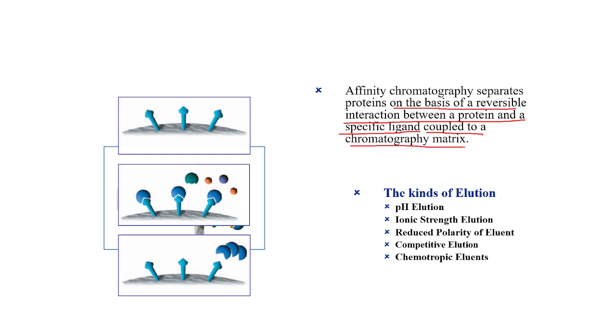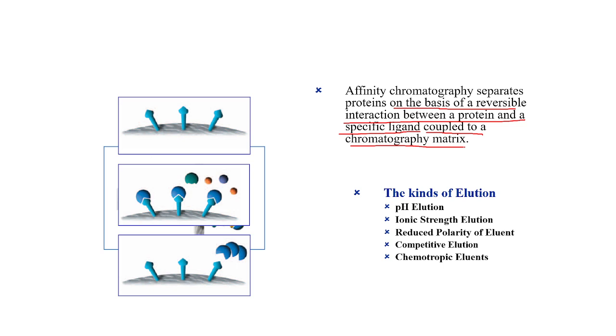So first, the chromatographic matrix is coupled with your specific ligand, and this ligand is important for your interaction with the protein. Now if it is a very tight binding, then you cannot use such a ligand, because then you can never elute your protein. If your protein has a very high affinity with such a ligand, that type of ligand cannot be said to be a good ligand, because then you cannot elute your protein.